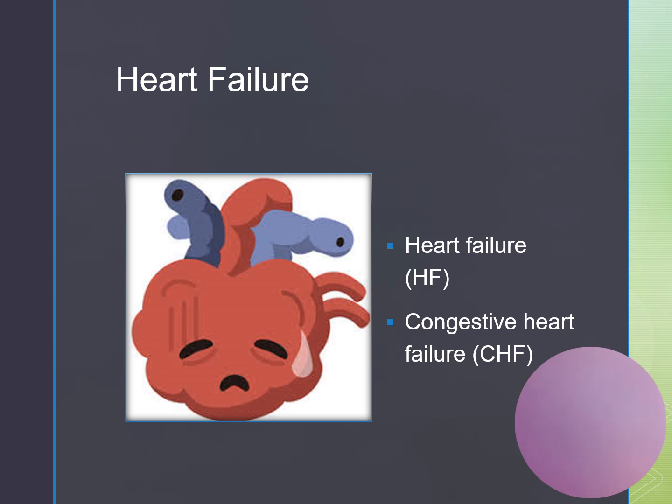With congestive heart failure, we have an accumulation of blood and fluid in the organs and the tissues due to impaired circulation. We can have acute heart failure, where we see a sudden change in the heart's ability to contract, and this can cause life-threatening symptoms and pulmonary edema.